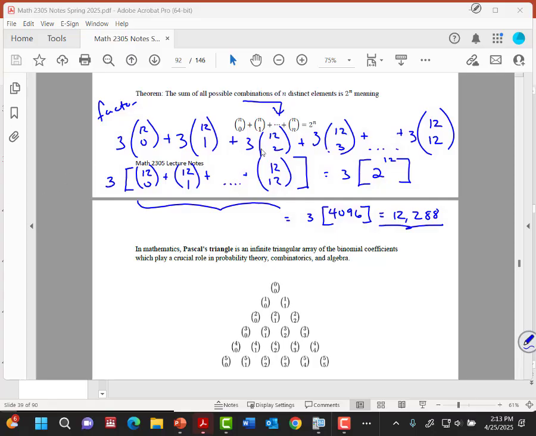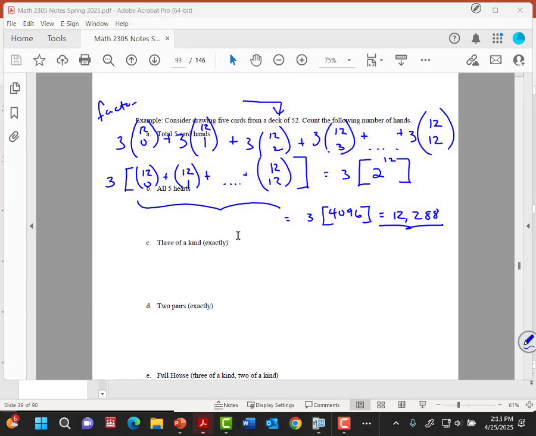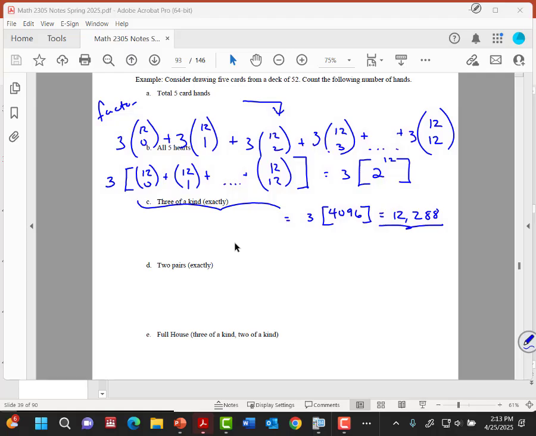So this is a very useful theorem right here that computes the sum of combinations from n choose 0 all the way up to n choose n. Okay, let's erase this, and then we'll do possibly one other example.